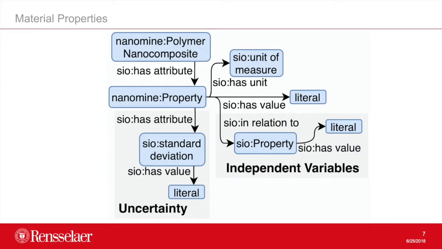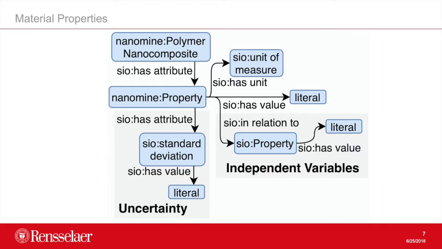One of the main things we're interested in with NanoMine is the properties of these nanocomposites. So we've spent a lot of time modeling many different properties as subclasses of NanoMine property, which is usually a subclass of SIO quantity.